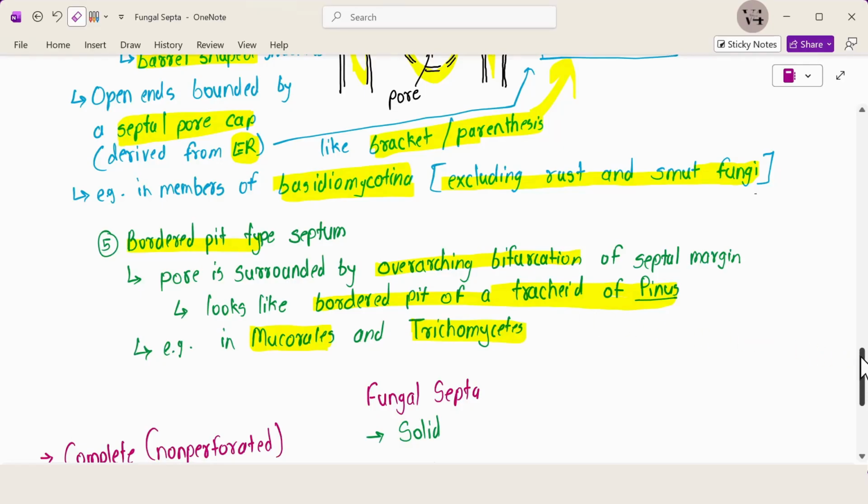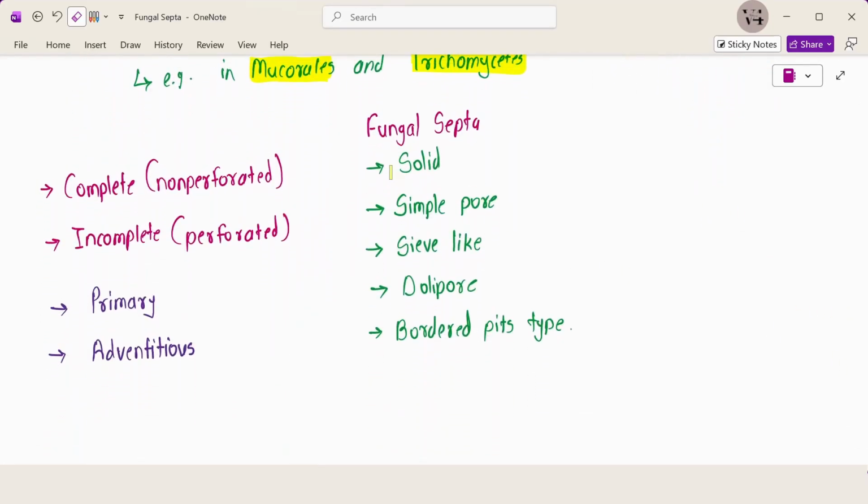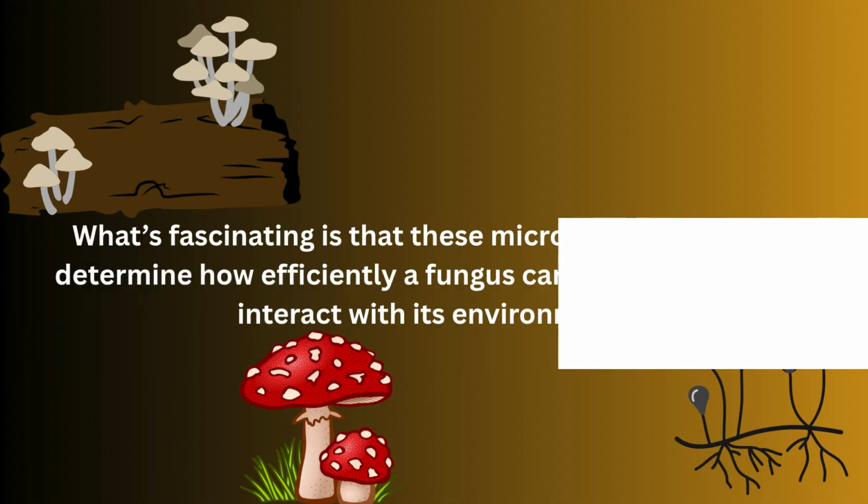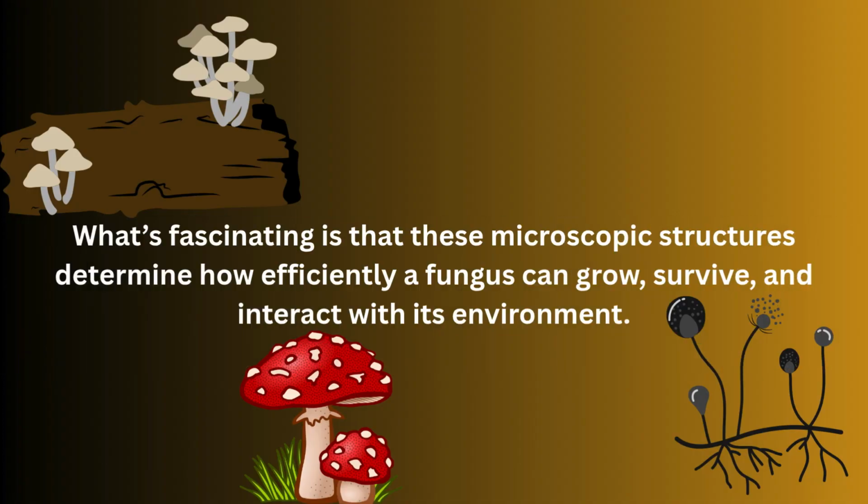So let's quickly summarize. Fungal septa are not just simple partitions. They exist in multiple forms such as complete and incomplete septa, primary and adventitious septa, and specialized structures like simple pores, sieve-like, dolipore septa, and bordered pit types. Each type is adapted for a specific function, whether it is controlling the movement of materials, protecting the organisms during injury, or maintaining internal organization.